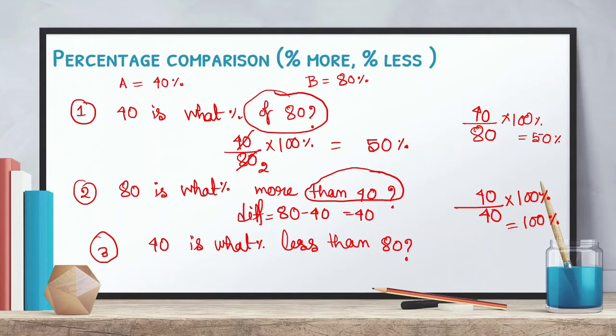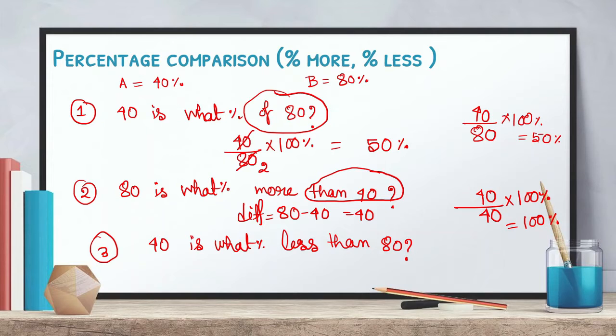So 80 is what percentage more than 40? It is 100%. What we have done here? We find the difference at first, and the difference is in the numerator, and whatever comes after "than" goes to the denominator.